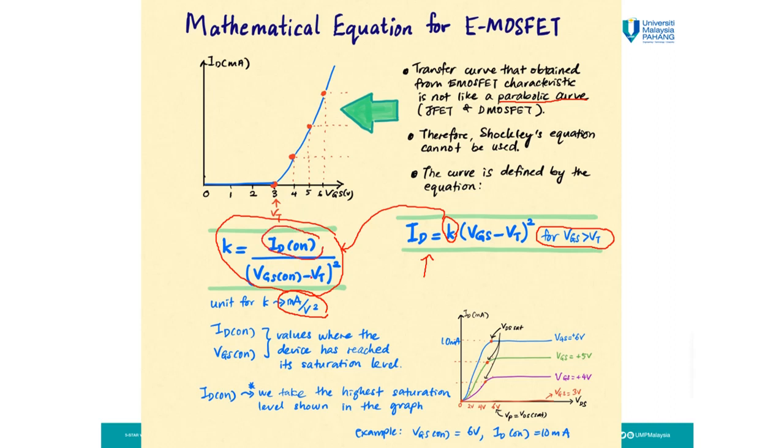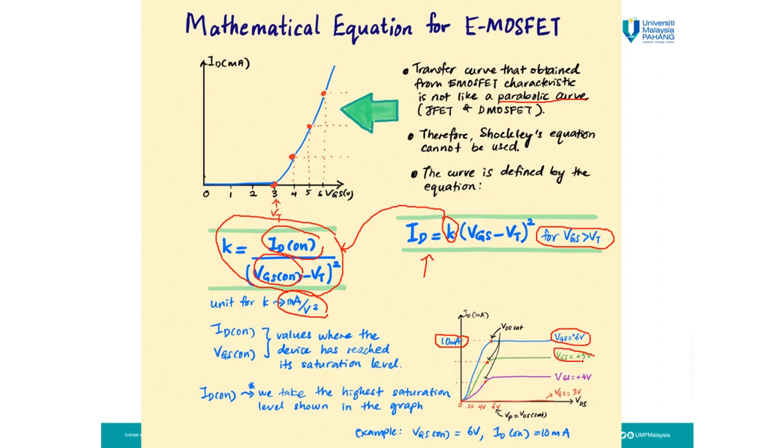So what are ID on and VGS on? They are values where the device has reached its saturation level. For example, in this graph, for VGS equal to 6, ID is 10 milliampere. We say that this is the VGS on and ID on for this level.